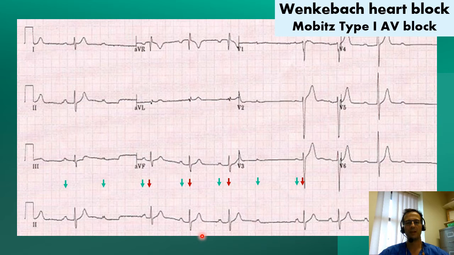But if you have an elderly patient who is having this sort of ECG at rest during the day when they shouldn't have high vagal tone, they shouldn't have a reason for it, then it is suggestive that they've got disease of their conduction system and they are going to need a pacemaker. So it depends really where you see this. If this were a 24-hour ECG for a young person overnight, I wouldn't think twice about it.